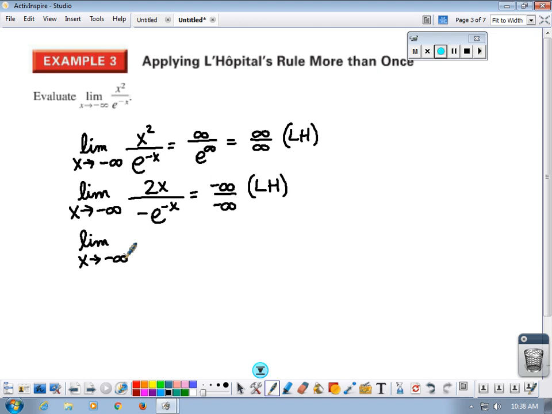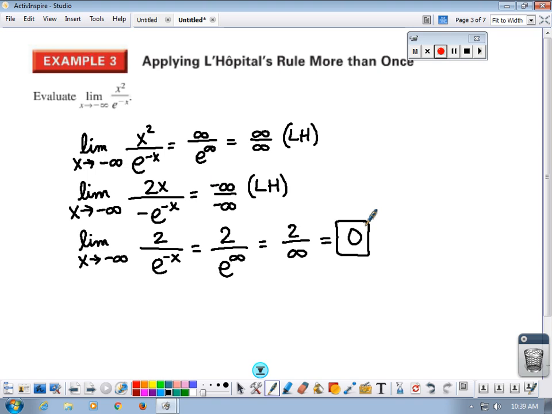So the derivative of 2x is 2. Derivative of the denominator would make that positive e to the negative x. Alright, so now we have a number over e to the positive infinity. The two negatives make a positive. So 2 over infinity, remember a number over infinity is going to go to 0. So that limit is 0.